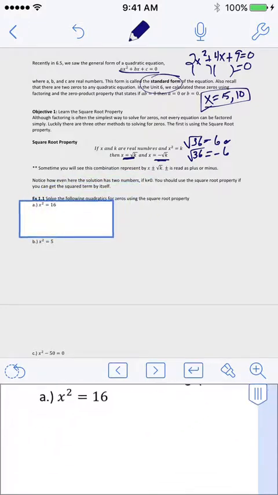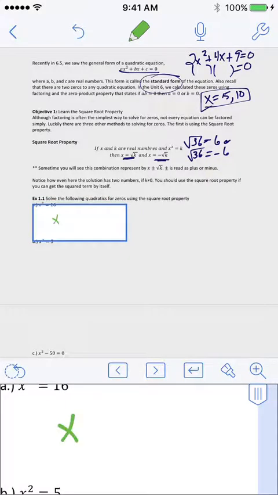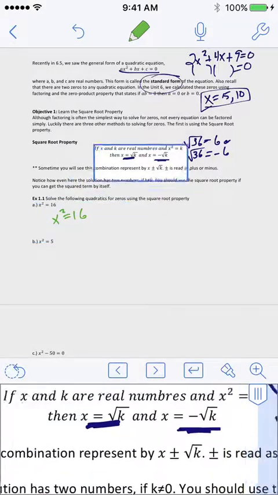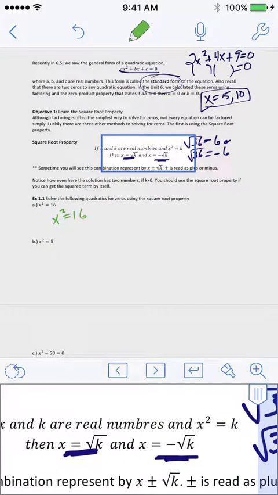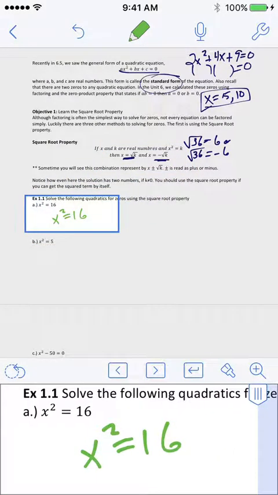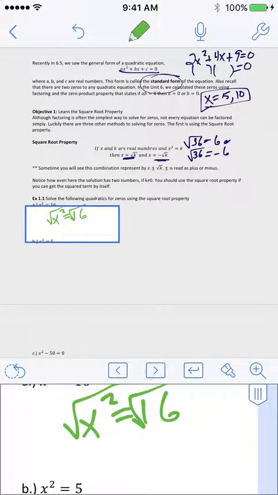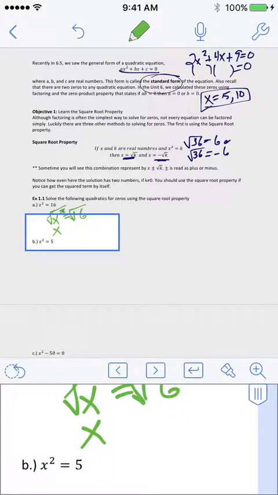Okay, so let's take a look at this first equation. Pretty classic, pretty straightforward. x squared equals 16. The square root property says I can take the square root of both sides as long as I consider the positive and negative version. So I'm going to take the square root of both sides here. And then this cancels that, as we've seen before in the last chapter, and we get x on this side.